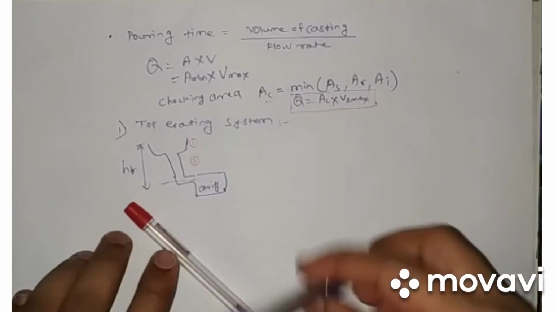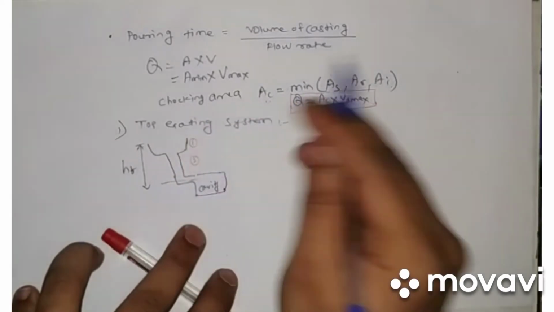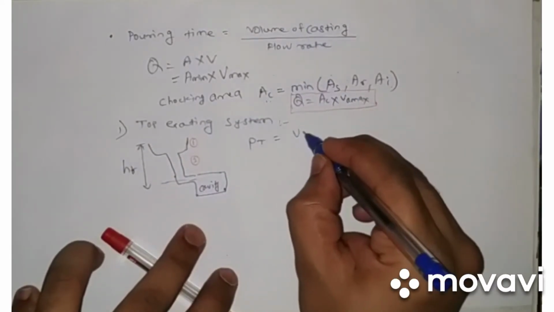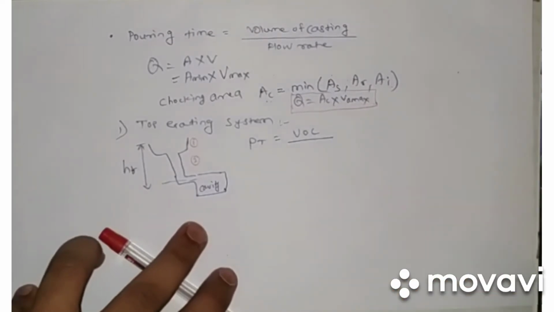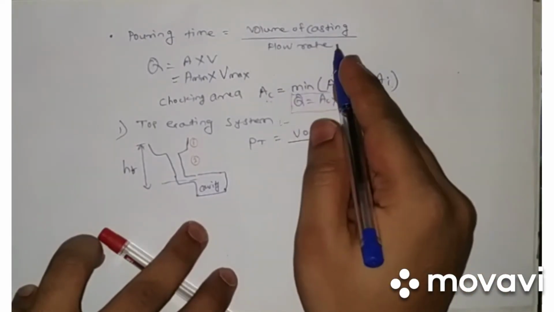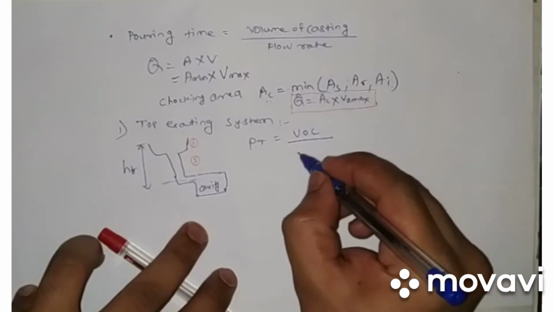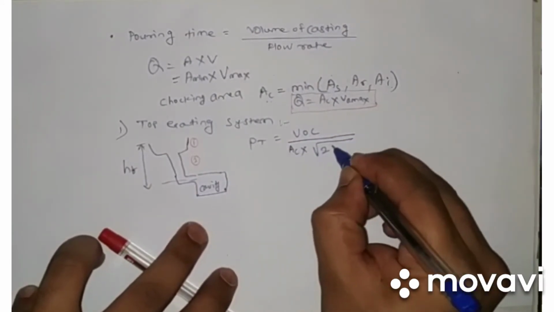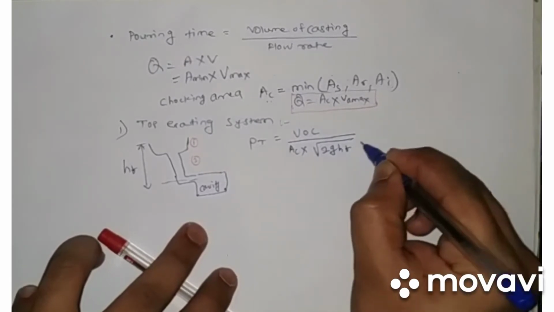Now in this case, our pouring time, let's say PT, will be the volume of casting divided by the flow rate. Now the flow rate is the choke area into the velocity, which is √2 times g into HT.